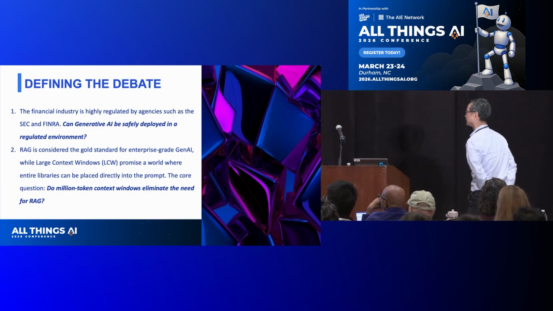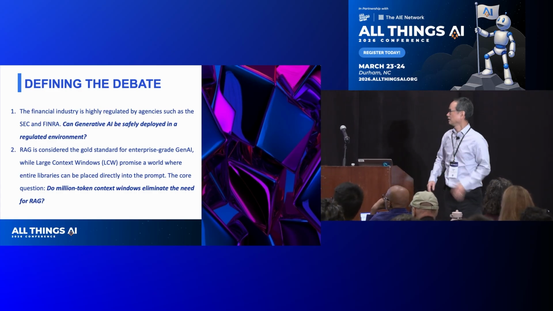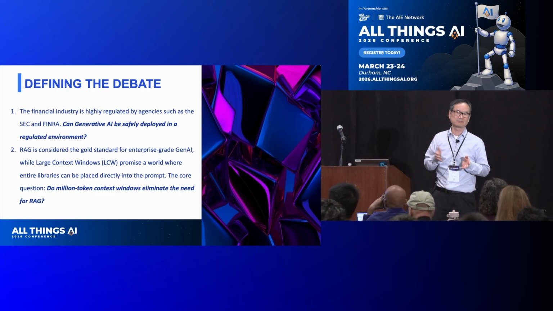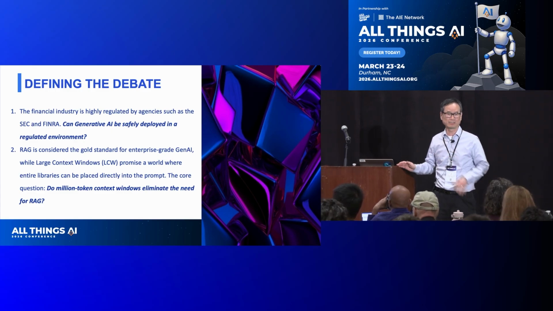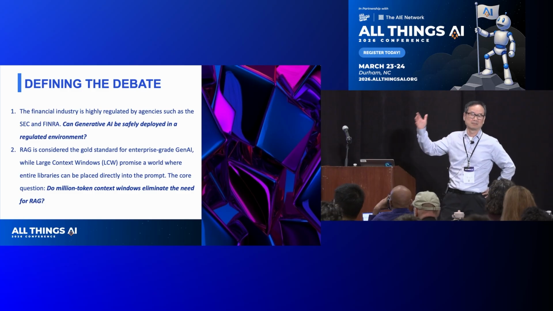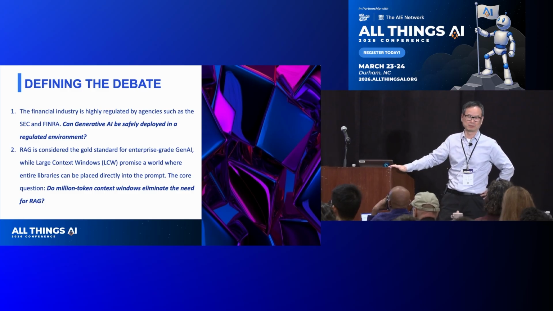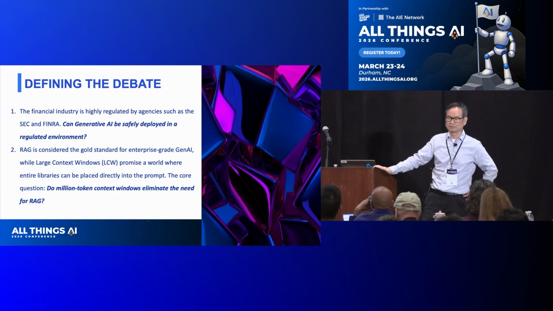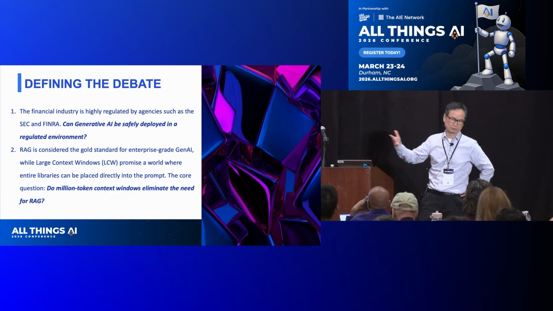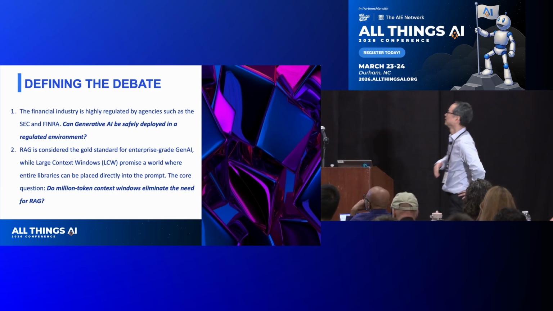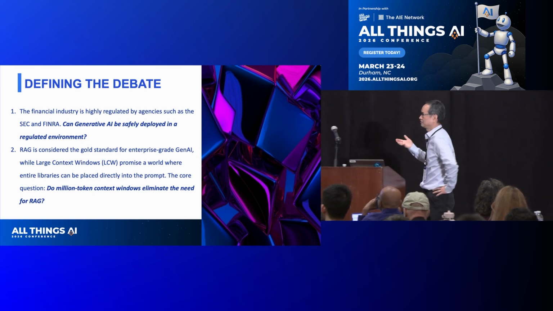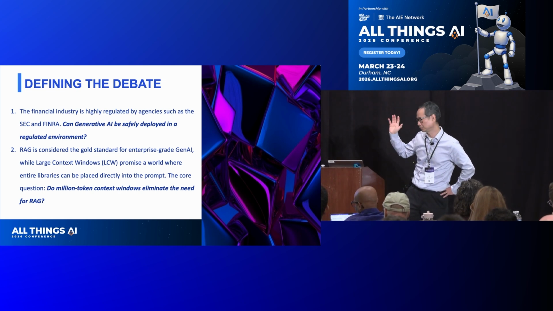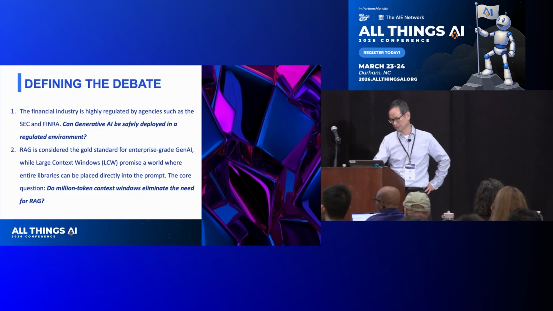And the second question is, RAG has been considered almost the gold standard to apply AI in an enterprise. But now the latest large language models all support 1 million tokens in the context window. Do we still need RAG? Does the 1 million token window eliminate the need for RAG? Those are the two questions we're going to discuss today.